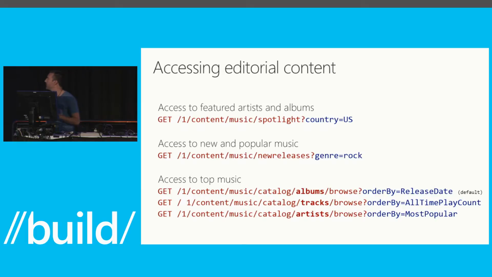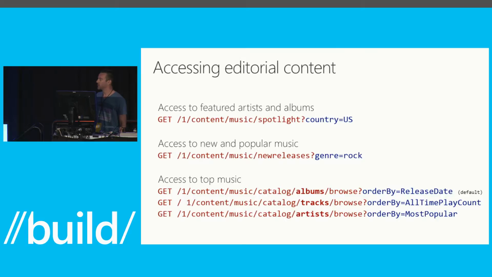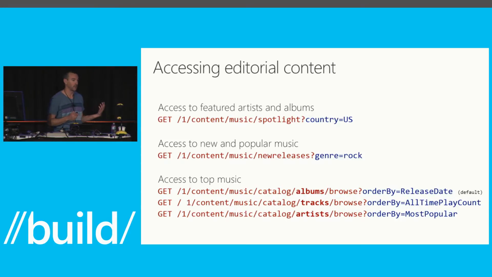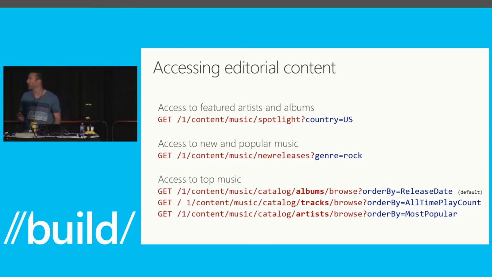It's very easy. So to access the featured artists and albums, you have a simple get command. Notice in this one, we're using country equals US in order to get the specific featured artist for the US area. Similarly, to access the new and popular music, you use this command. Notice in this case, we've set the genre to rock so we can understand the new and popular music in the rock category.